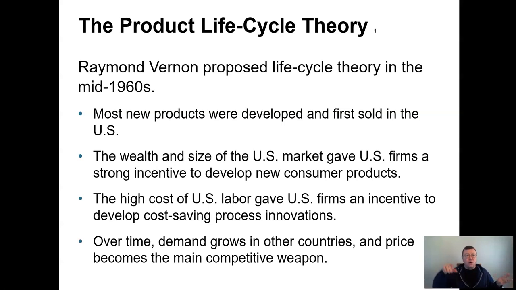Then they went through a growth phase. And during that growth phase, more people began to enter the industry and production began to shift. It was no longer profitable for microwave ovens to be made in the US. And finally, microwave ovens as a product entered the maturity stage.